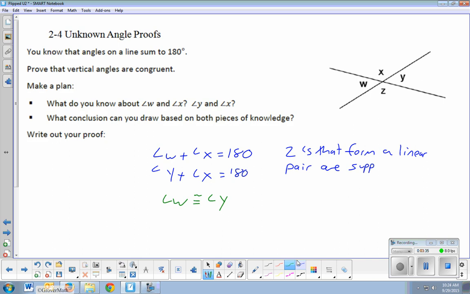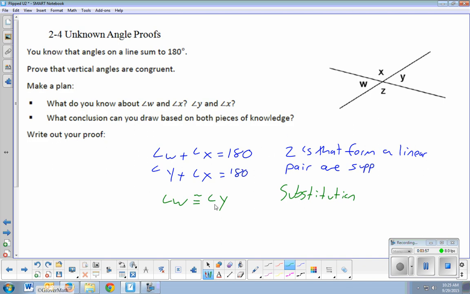There are two reasons I think you could get away with here. You could either say what's called the transitive property, but what most students understand a little better is substitution. I've got way too many T's in there, right? Substitution. No, I guess that looks pretty good. If I spell something wrong here, just know that I'm terrible at spelling. So substitution.